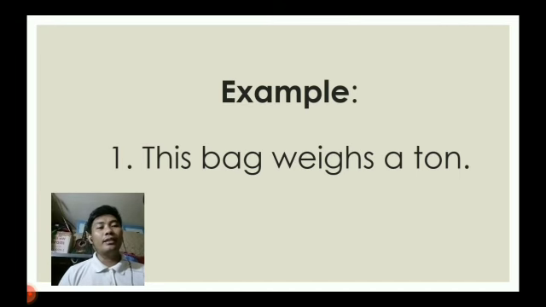Number one, this bag weighs a ton. Here in the example, we can see that a bag cannot literally weigh a ton. When we say tons, it's very heavy. But this is an example of exaggeration.